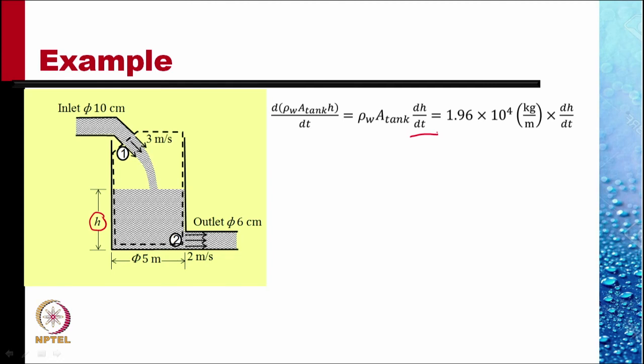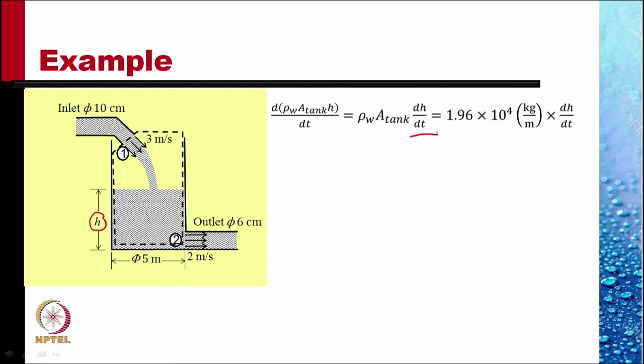This is the rate of accumulation of water in the tank. This should be equal to the net influx of water into the tank across the control surfaces. There is an influx across surface 1 and there is an efflux across the surface marked 2.